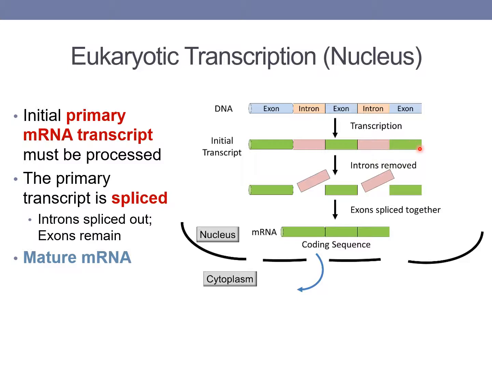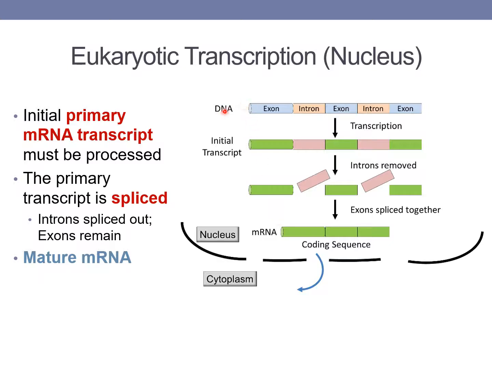Once the messenger RNA has been transcribed, it must be processed, meaning the introns must be removed. So the introns are removed from this transcript, and then you're left with this final transcript where it just consists of the exons.